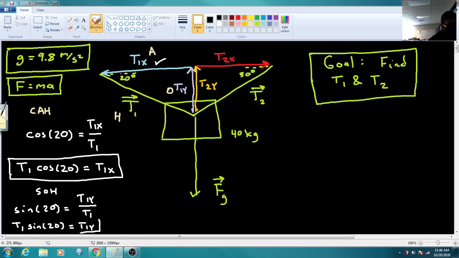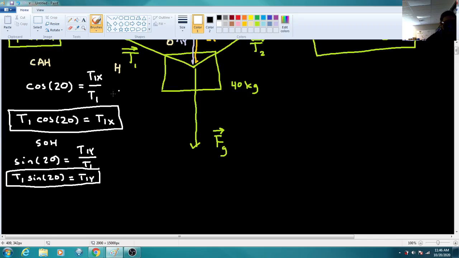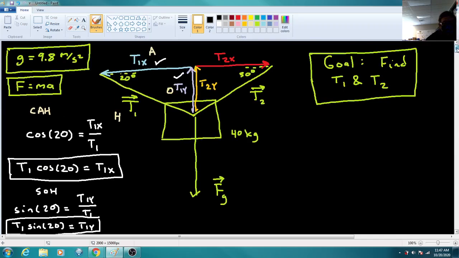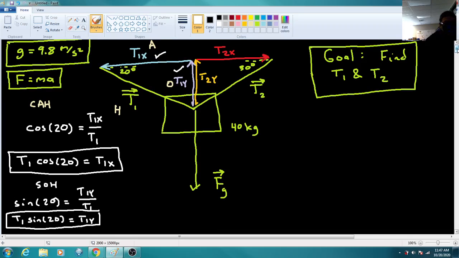So that was from SOHCAHTOA again. And so now I also know what T1y is. So I used SOHCAHTOA and I was able to break this one triangle down to its x and its y component.